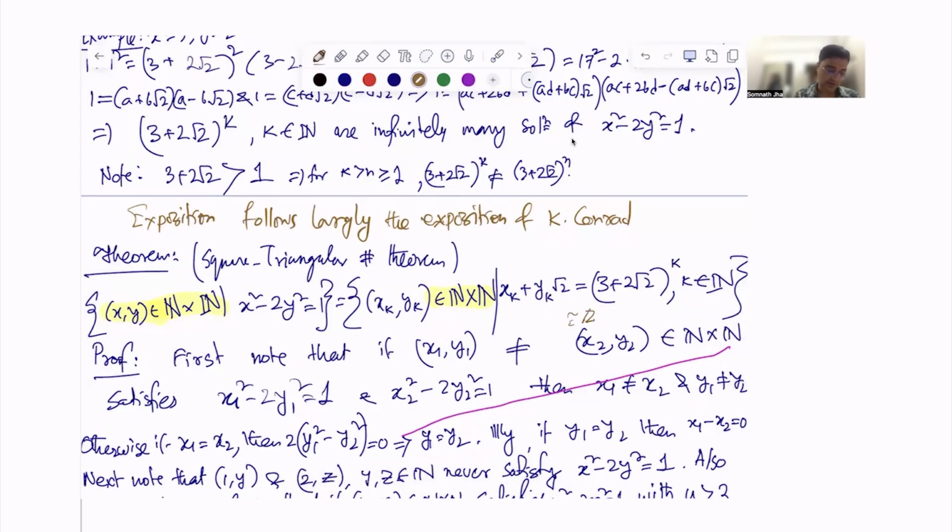The unit group is plus minus 1 times Z, as predicted by Dirichlet's unit theorem.